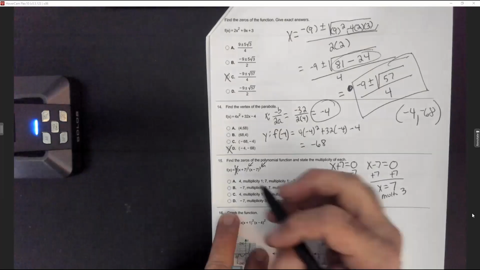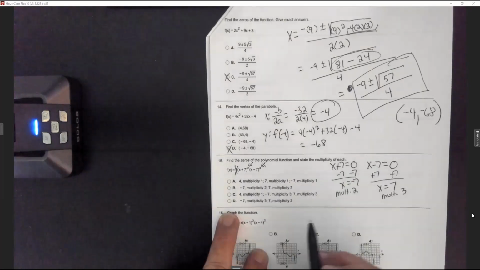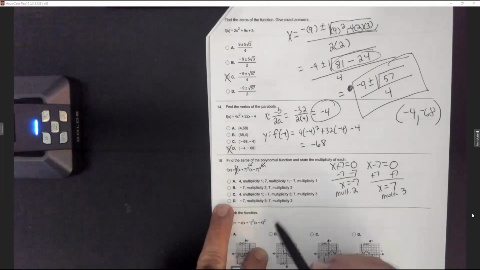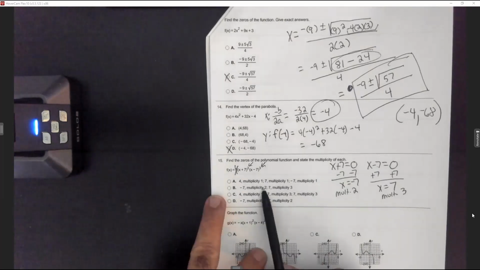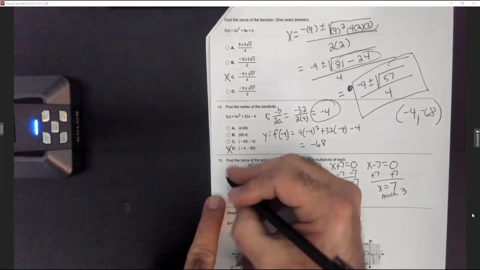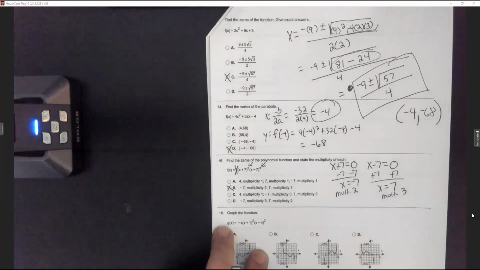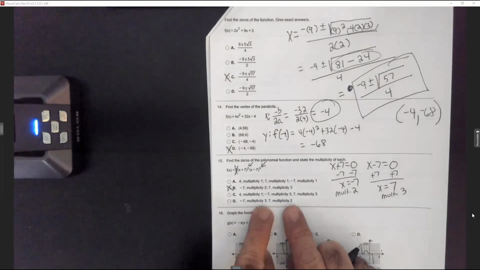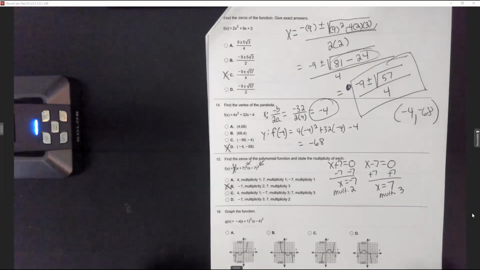So there's no way it can be A or C because they got 4 somehow. So let's see what this one has. -7, 2, 7, 3. Looks like what I need. This one, they just mixed up the multiplicities on it. So be really careful looking at those answers, okay?